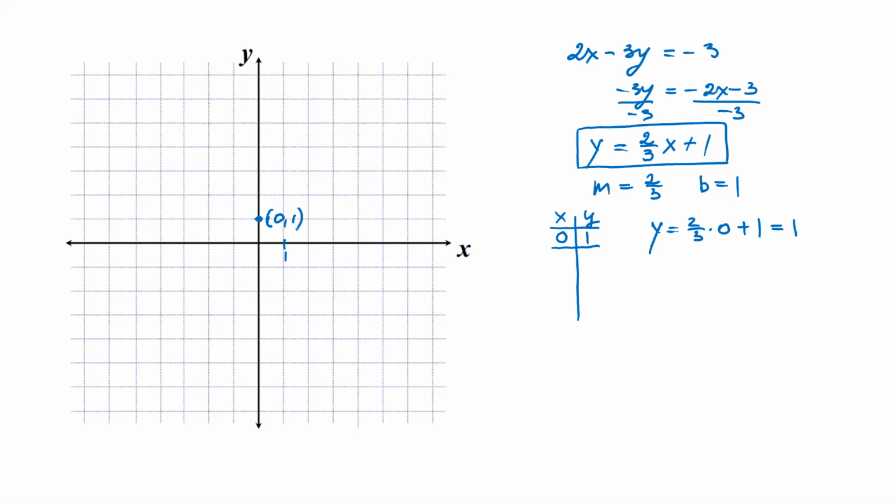And now I'm going to use a trick. Instead of repeating similar steps for additional points, I'm going to use the slope, 2 over 3. How? Starting at this point, what I'm going to do is to move 2 units up and then 3 units to the right.